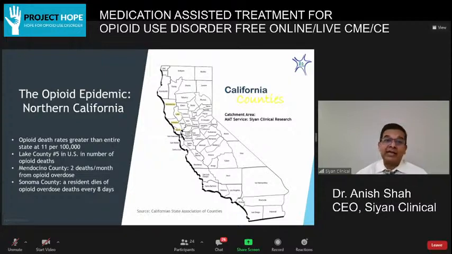Lake County is number 5 in the entire country in terms of opiate-related deaths per capita. In Mendocino County, 2 people die every month from opioid overdose, and in Sonoma County, a resident dies of opioid overdose every 8 days.